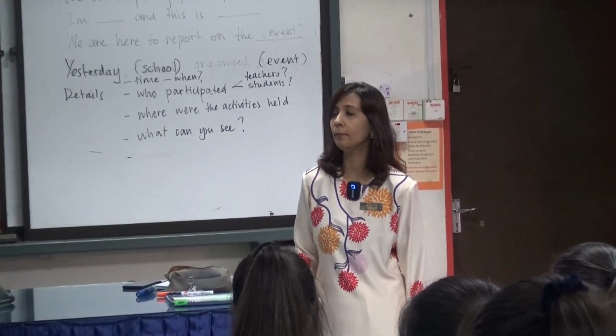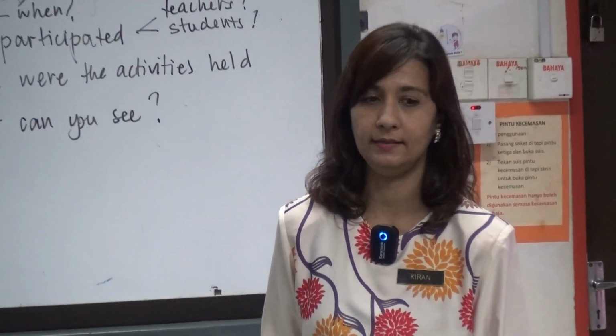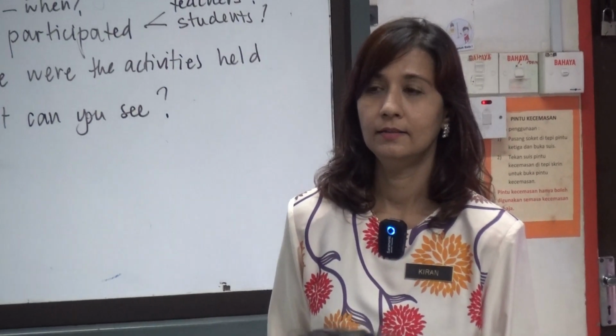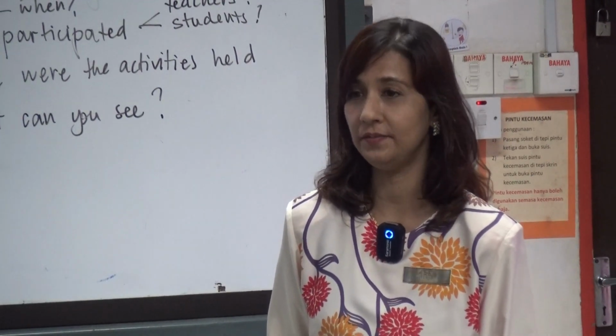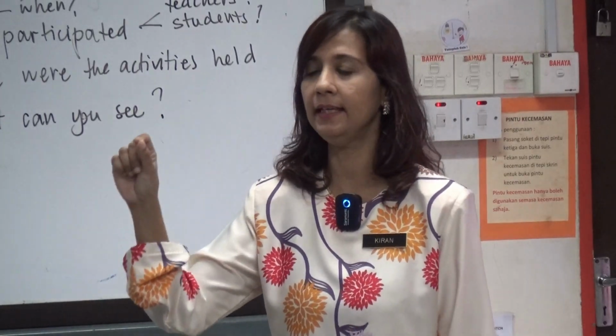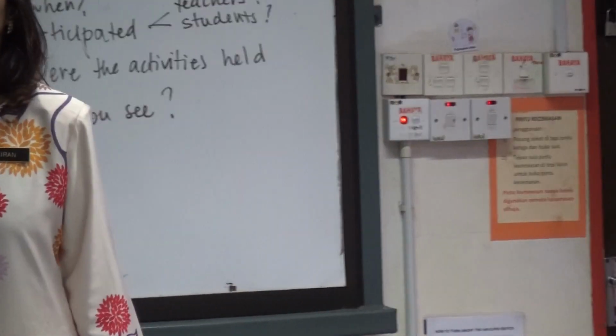Part 1, Part 2 or Part 3? Part 3. How many words must you write? 200 to 250. Okay, so this report writing comes under Part 3, which is the highest band.